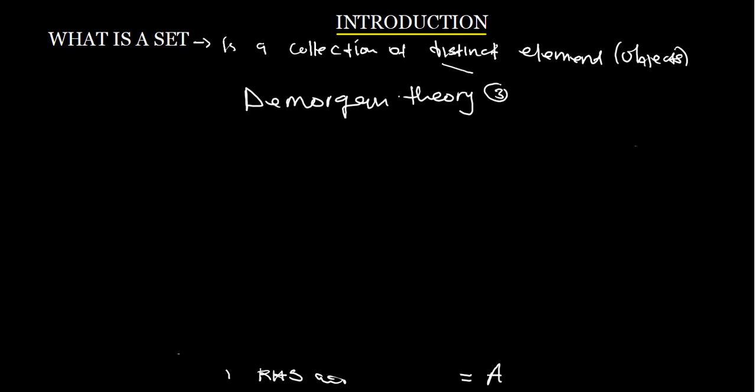For case 3 we'll say B intersection C, open bracket, complement, is equal to B complement union C complement. It's just the same thing.